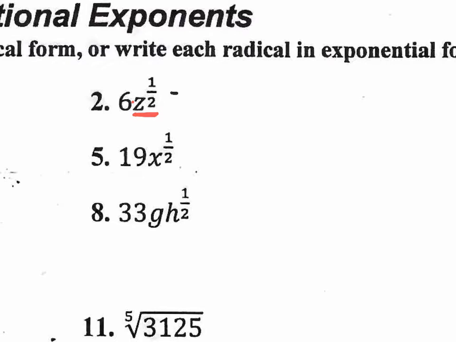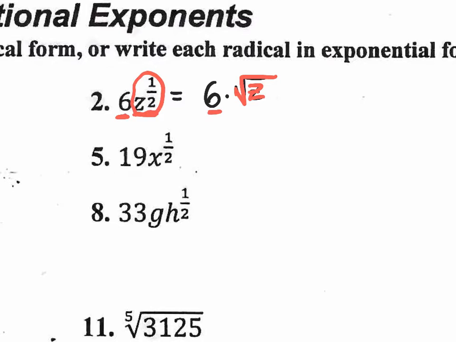So my answer, rewritten in radical form, is 6 times the square root of z. Because remember, z to the 1/2, that's really the square root of z. And the 6 that's out in front, you just put it out in front. Now, if the whole thing had parentheses around the 6z, then yes, it would be the square root of 6z. You guys know what I'm talking about?